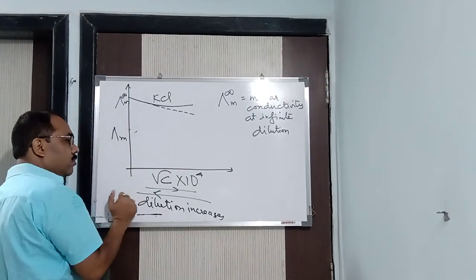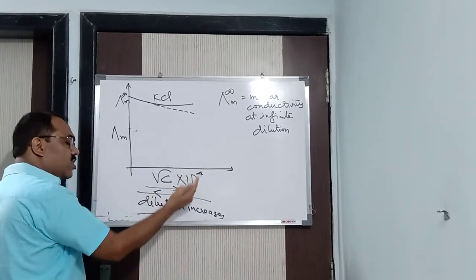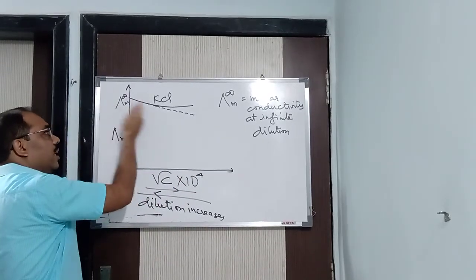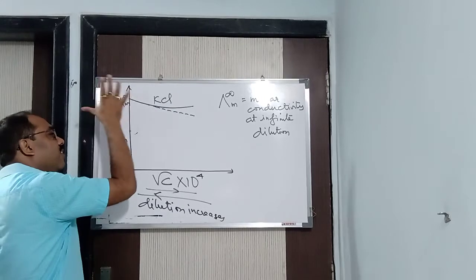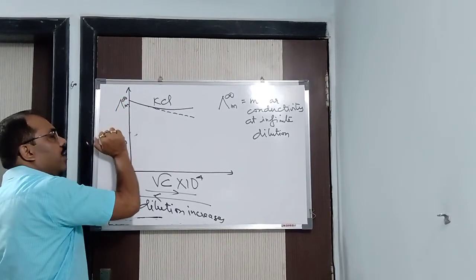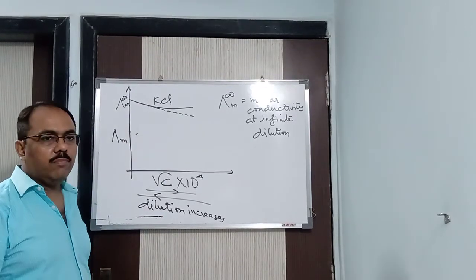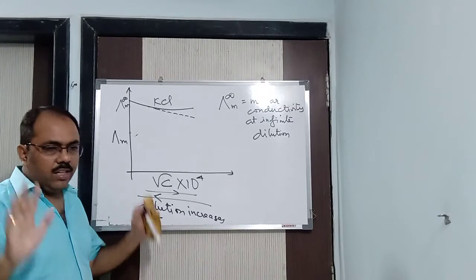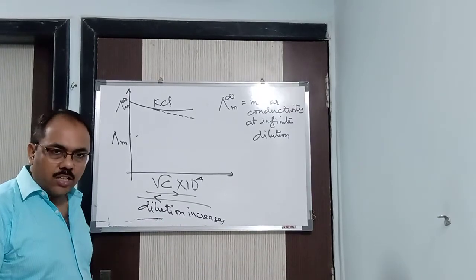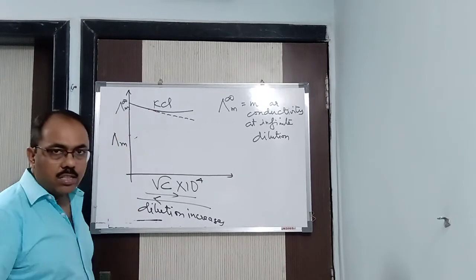But practically, I can add more water, increase the dilution still, and the molar conductivity can increase further. But in a graph, I can't show it. So I have to take this particular point as molar conductivity at infinite dilution, meaning infinite solvent is added to make it dilute. Here the solvent is definitely water.